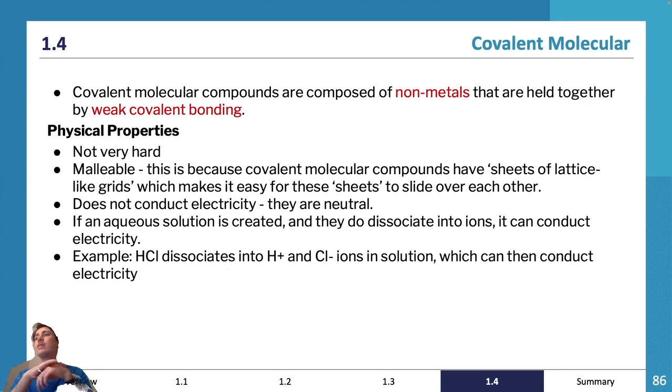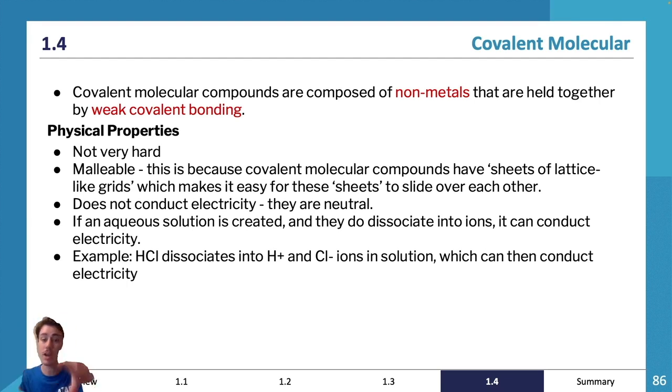So covalent molecular compounds are composed of nonmetals that are held together by weak covalent bonding. Physical properties: they're not very hard. They're usually pretty malleable. This is because the covalent bonds have sheets of lattices like grids, which make it easy for these sheets to slide over each other. The only difference is graphite, which is a little more brittle, although it does move okay.